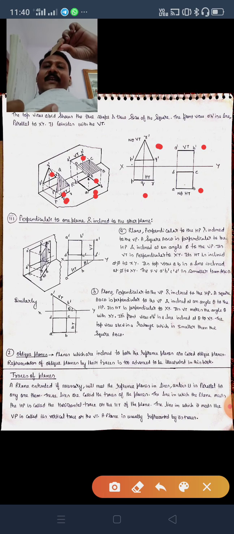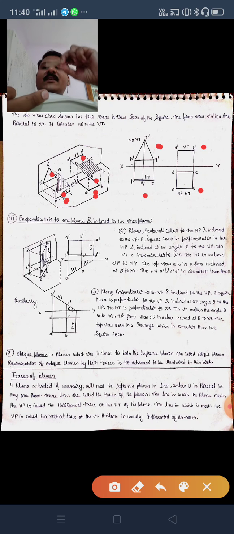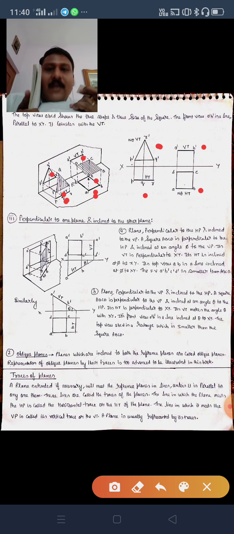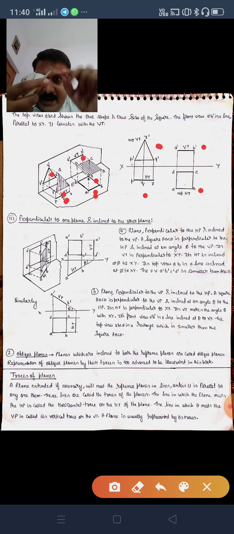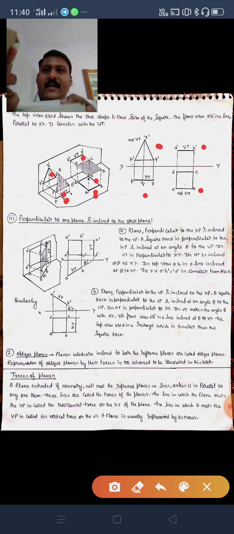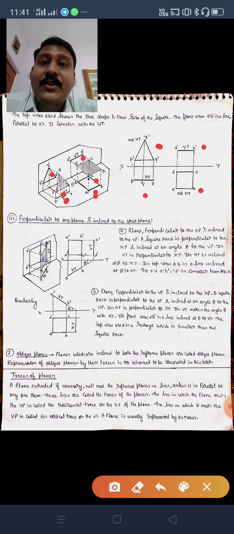If it is kept like this, the whole length you can see here, but if it is inclined, this length is shortened, you cannot see the whole length because it is inclined. Now this projection will fall like this, so definitely the length will be reduced in the top view.